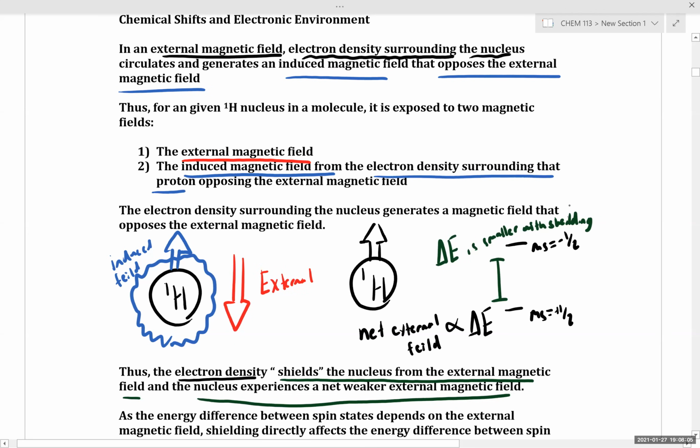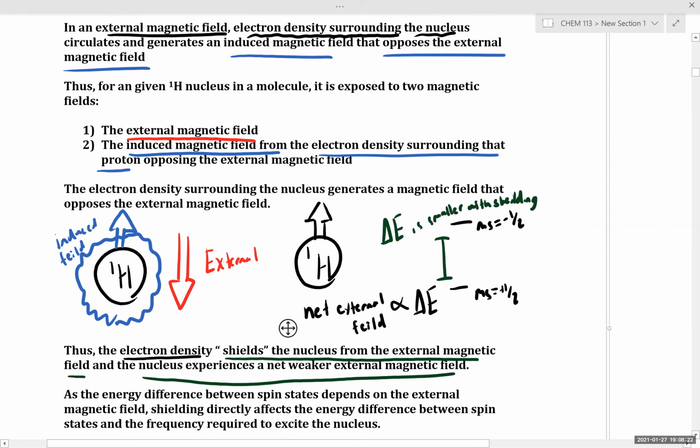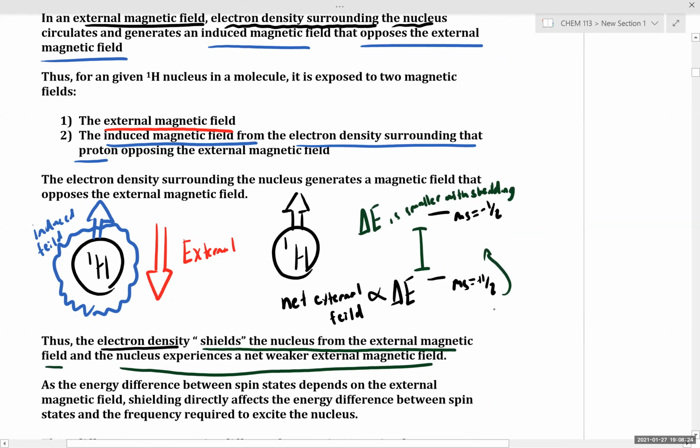So when we have electron density surrounding our nucleus, that electron density generates an induced field, and that in turn leads to a smaller effective net external field and a smaller difference in energy between our two spin states. And in turn, that directly impacts the frequency of light absorbed.